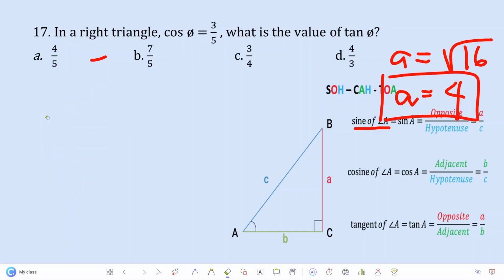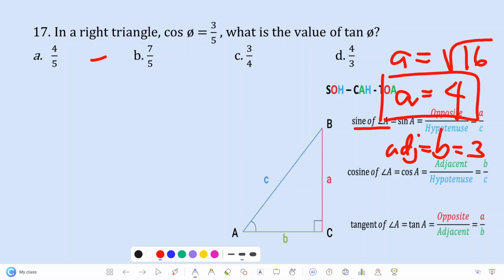So, alam na natin na ang adjacent or b is equal to 3 at ang hypotenuse or c is equal to 5. Ito po yung opposite.